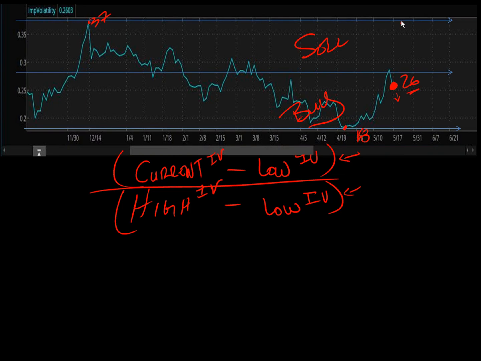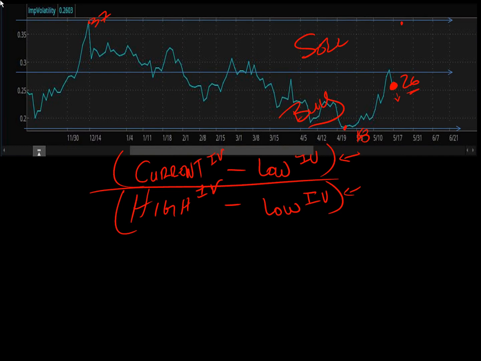If the underlying goes down, we could see our options gain in value because of volatility. So we need to be hyper-focused on what volatility is doing, because that is going to determine our premiums on any given day, almost more so than the movement of the underlying, folks, believe me.